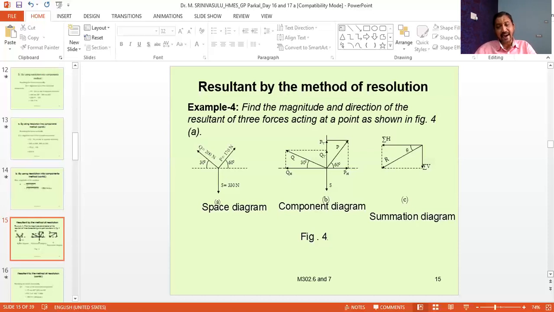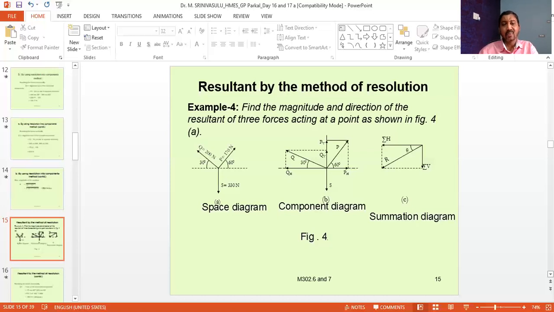So it will simply be added in the algebraic sum of the vertical components of the forces. While calculating the horizontal components of the forces, the horizontal component of S will be 0. That you must note.